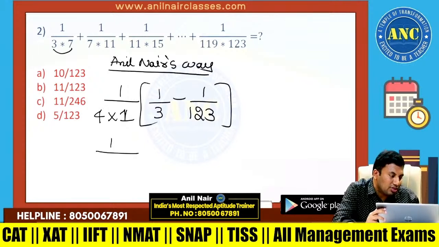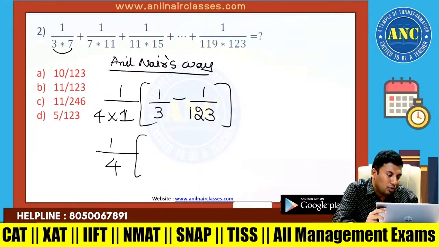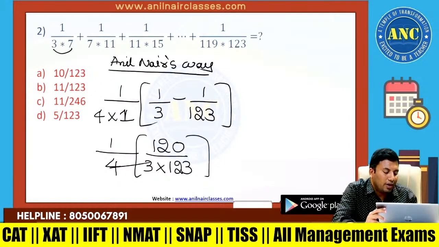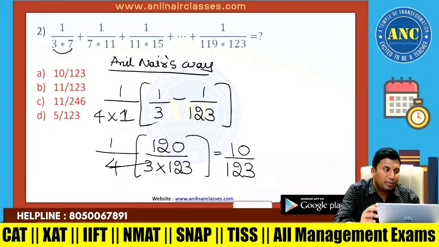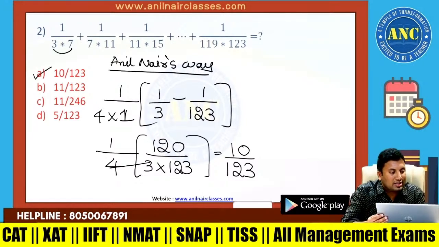So the answer is 1 by 4 into (123 minus 3), which is 120 divided by 3 into 123, 12. So it is nothing but 10 by 123. Are you all with me? So the answer for this question is 10 by 123.